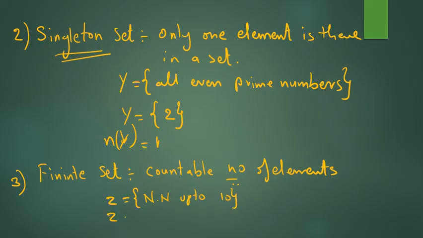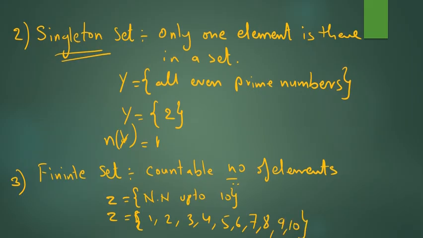So, what we have, Z is equal to {1, 2, 3, 4, 5, 6, 7, 8, 9, 10}. Can we count this? How many are there? We can easily say that the cardinal number of this is 10. So, a countable number of elements. So, this type of set is called a finite set.